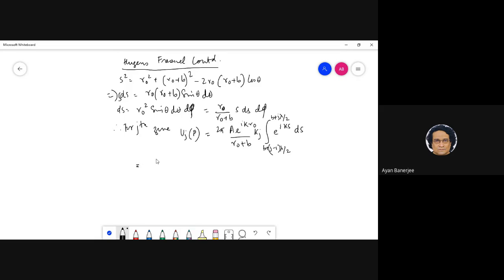Then this is basically very simple. If I integrate, this will come out as minus i. So e to the i k s divided by this.